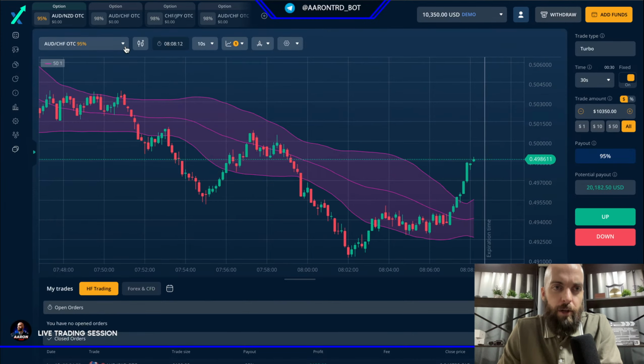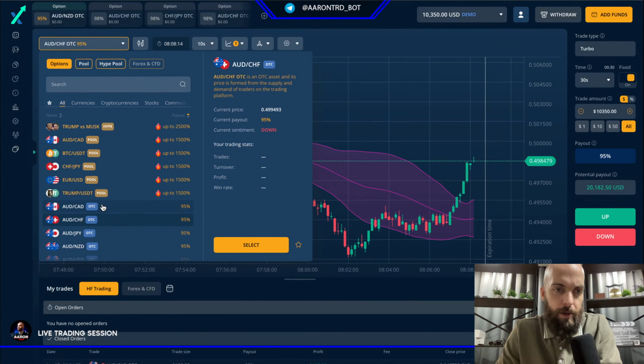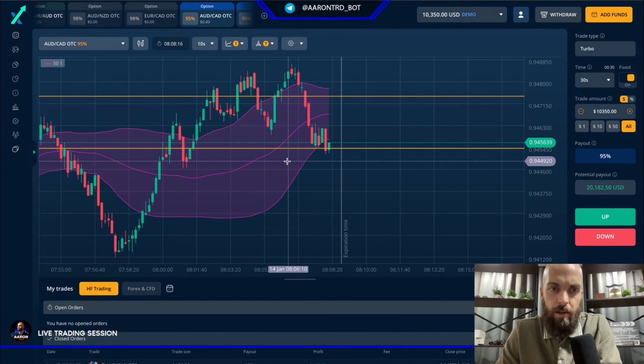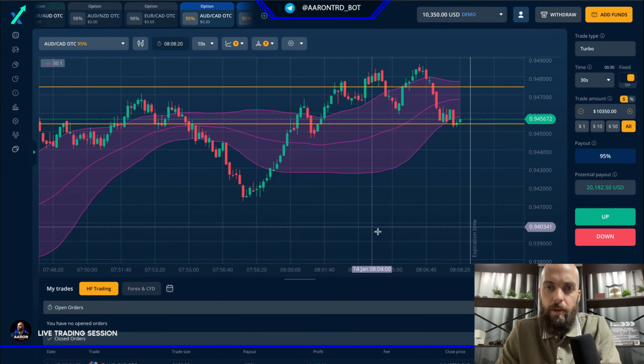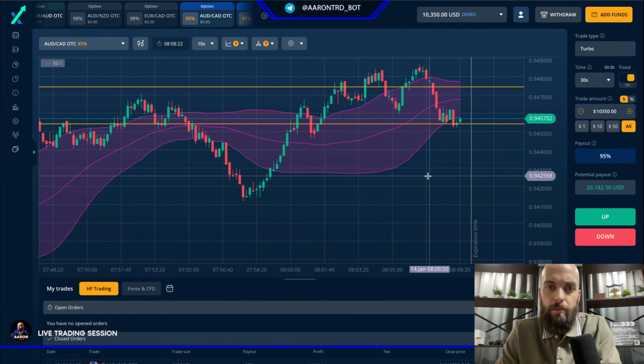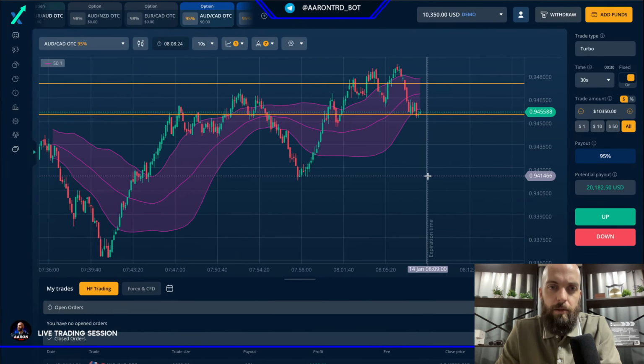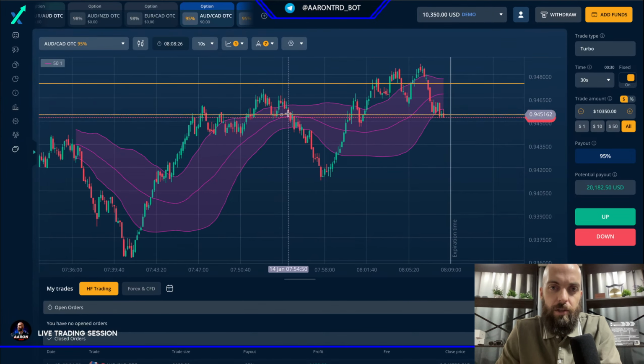Before we start, let's browse around. Let's see what other pairs are doing. The AUD/CAD. Okay, that's not looking too bad. You can see a point here where it was squeezing. The price didn't know what it wants to do. And then finally, boom, it shifted out.